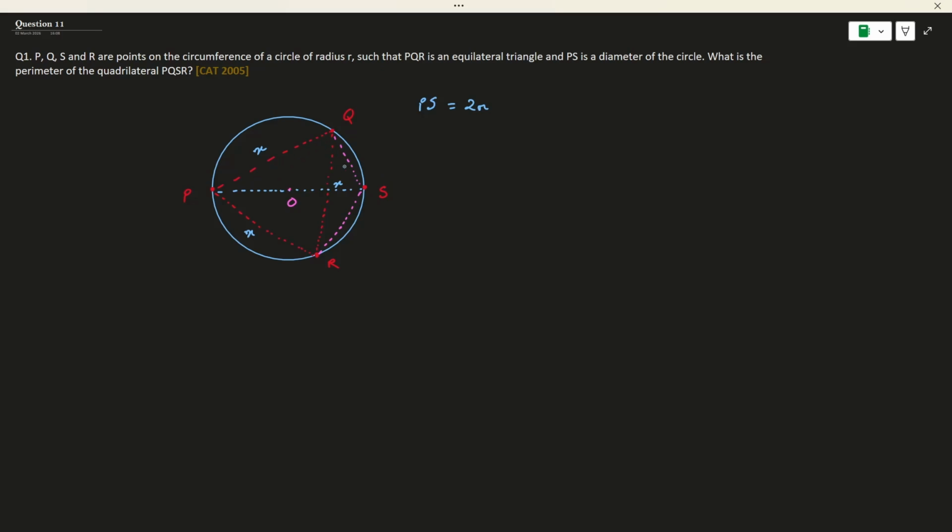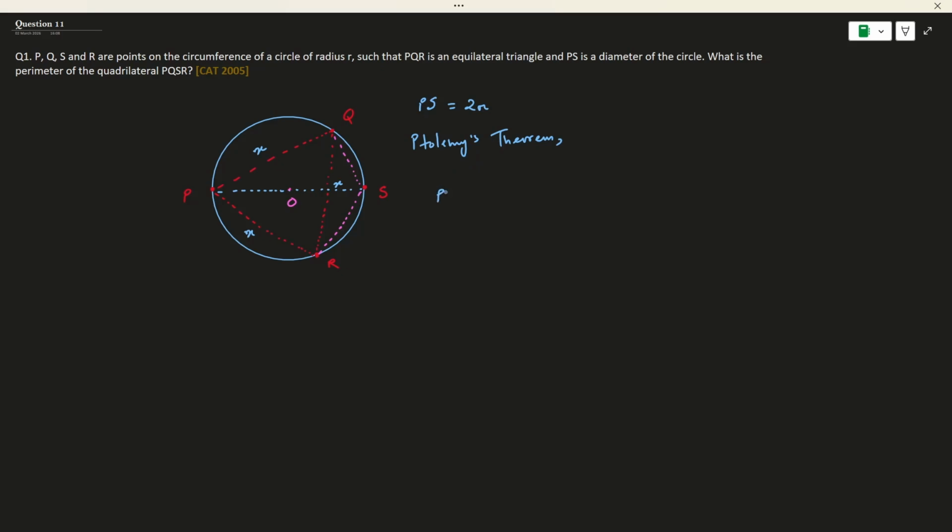Can we use any theorem here? This is X, this is also X. I can use Ptolemy's theorem. Ptolemy's theorem can be used in a cyclic quadrilateral, which says that the sum of the product of opposite sides of a cyclic quadrilateral is equal to the product of the diagonals.